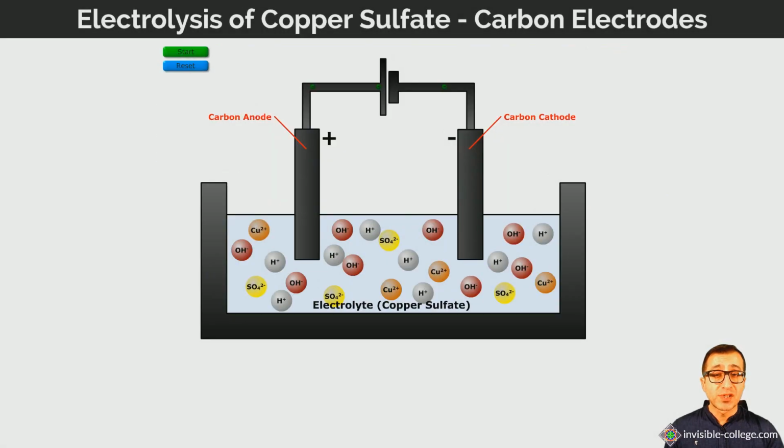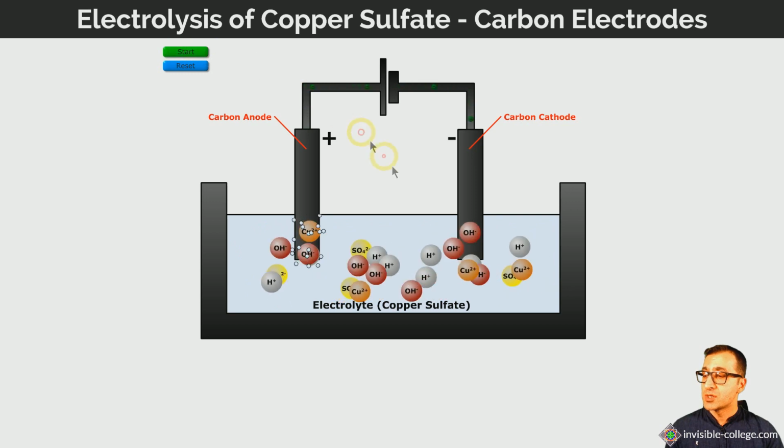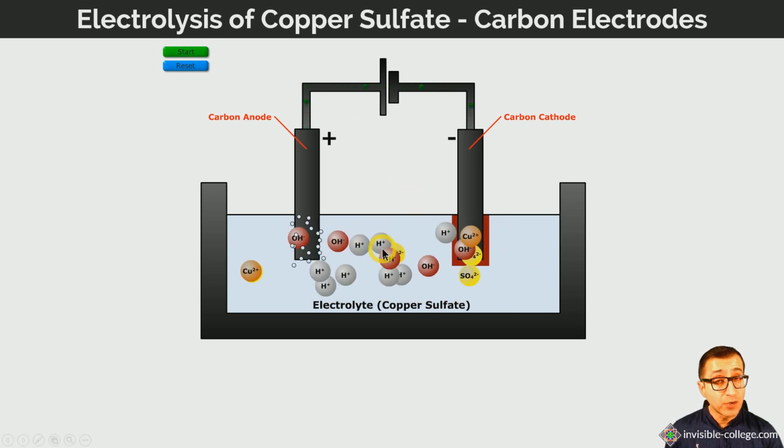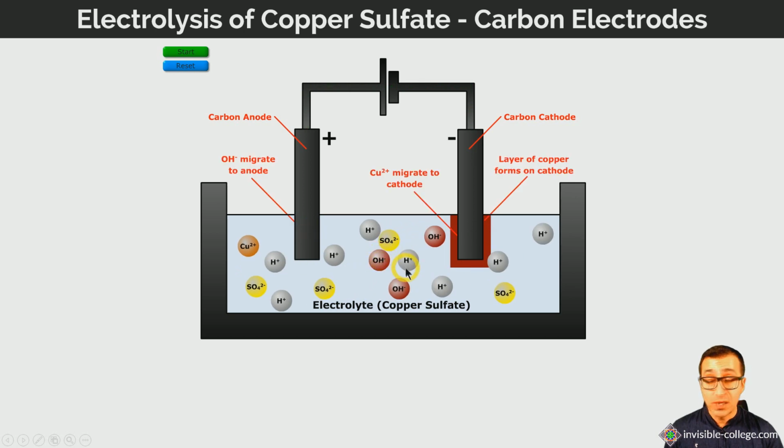Now, if we were to electrolyze copper sulfate using carbon electrodes, graphite electrodes, we would see something else happening. When we electrolyze copper sulfate solution, again, we have hydroxide ions and hydrogen ions which are present as a result of the presence of water and its dissociation in this solution. Of course, we also have the Cu2+ ions and the sulfate ions from the copper sulfate.